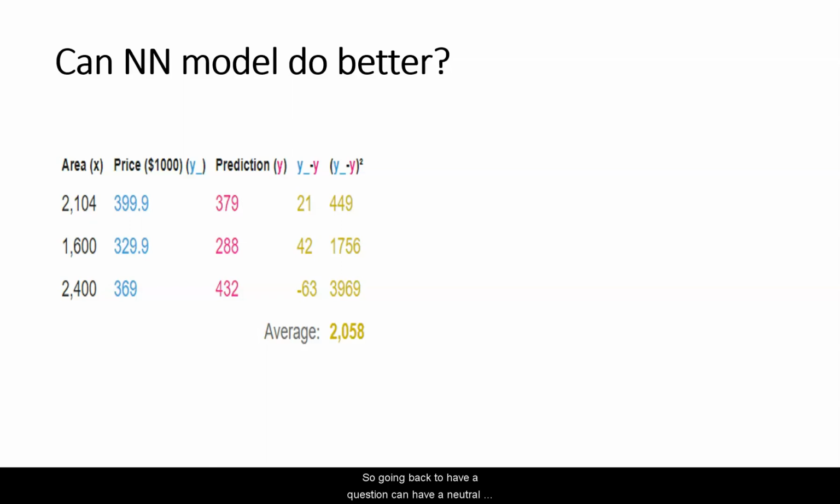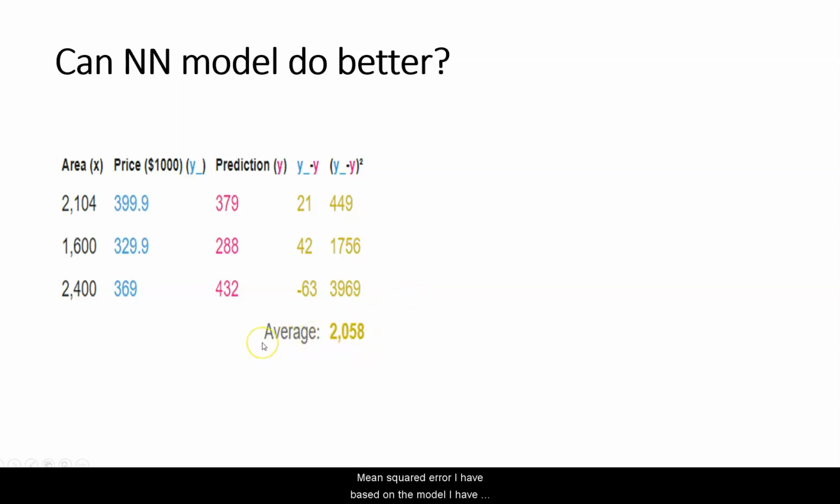So going back to our question, can our neural network do better? The answer is yes. Our model can do better. That is, we have to come up with a better model, that is the one that has less mean squared error.